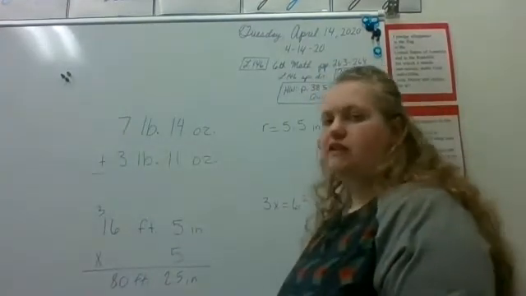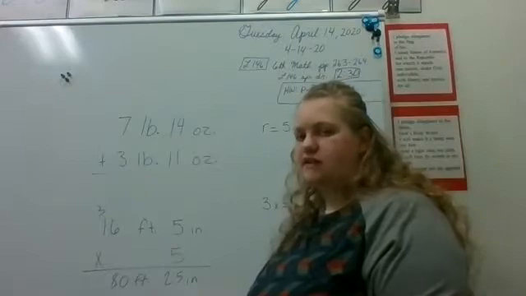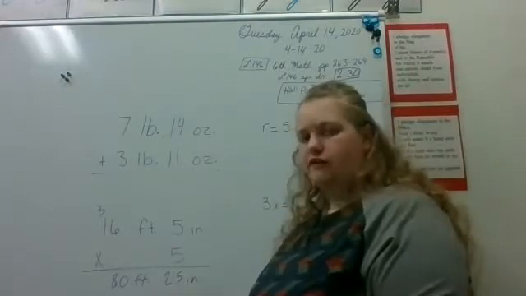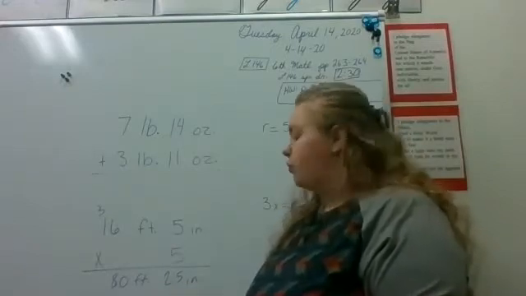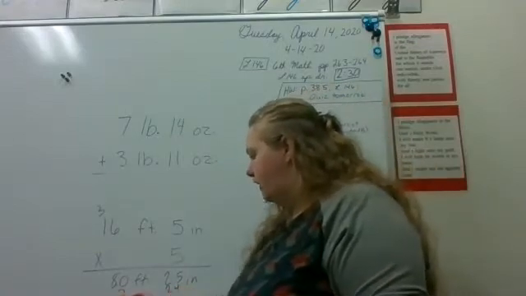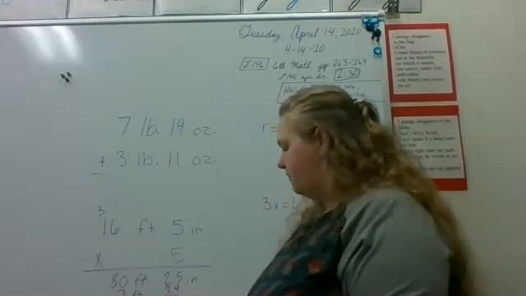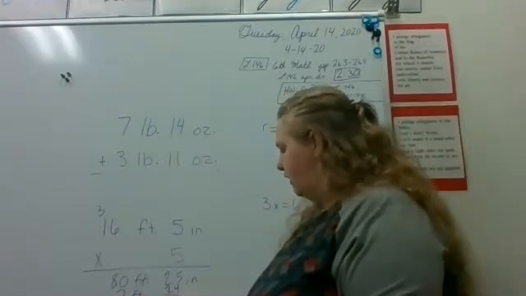How many inches are in a foot? 12. Okay, 12 is kind of small, so if we double 12, 12 times 2 is 24. So we're going to get 2 feet out of here. Okay, 25 minus 24 is 1 inch, right?